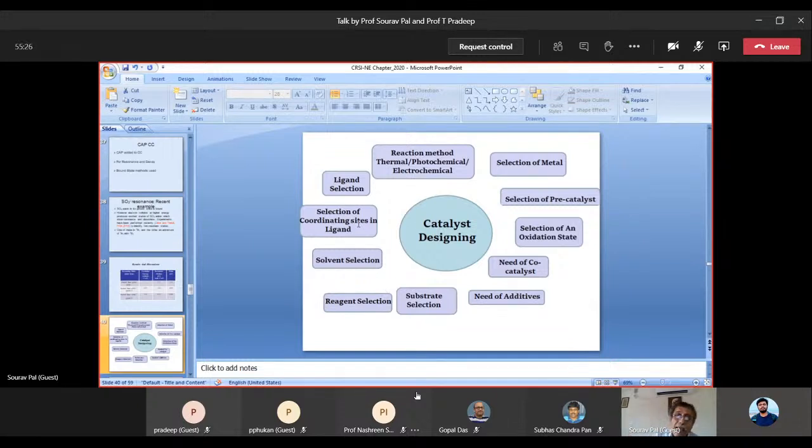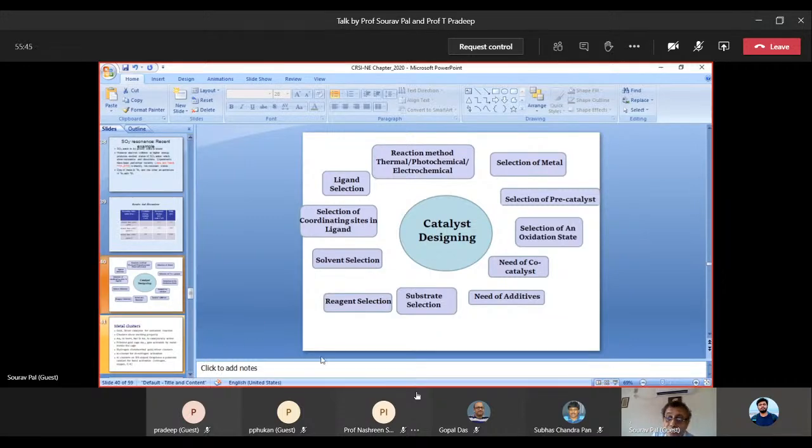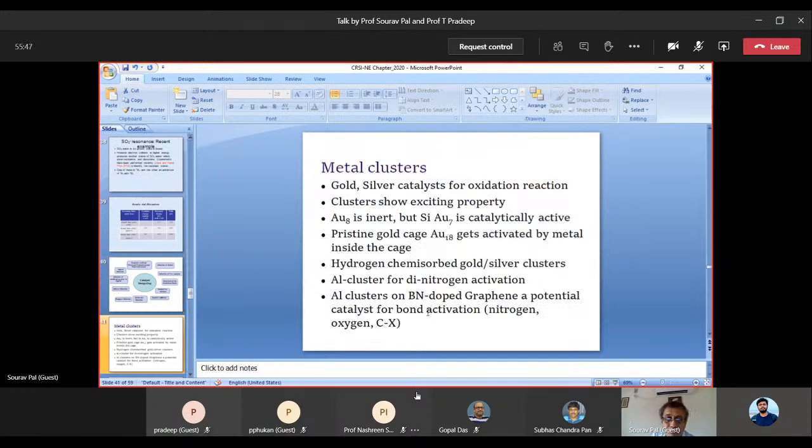If you want to have a calculation with changing each of these, you'll have an enormous number of data. And then you have to find out what is the best data. And that is where I think after doing quantum chemistry, artificial intelligence and machine learning can be employed. A lot of people are now looking at that as a tool to develop catalyst.